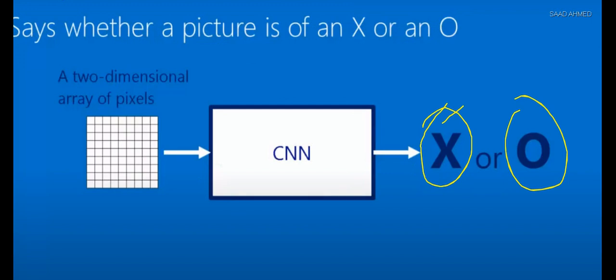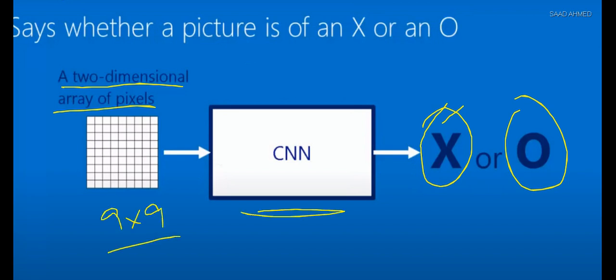This is what we are going to classify, and we have a two-dimensional array of pixels, 1, 2, 3, 4, 5, 6, 7, 8, 9 by 9 pixels, which contains the image. Then we have the CNN, which is going to classify.